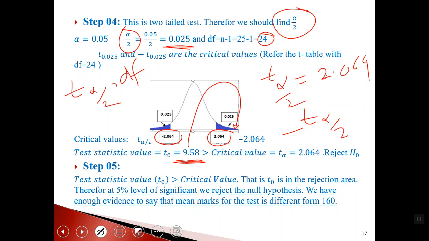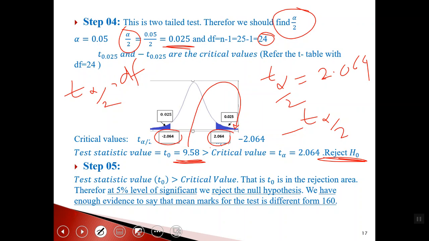So that guy is inside the rejection region, so easily reject H naught. That's it. The decision does not depend on the z table or t table or z test or t test. It is just based on the technique.